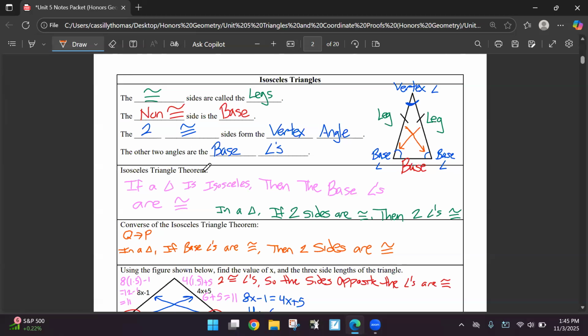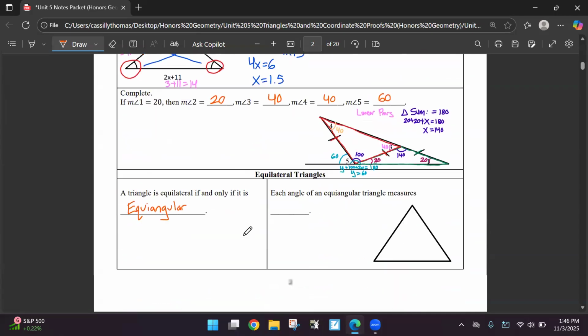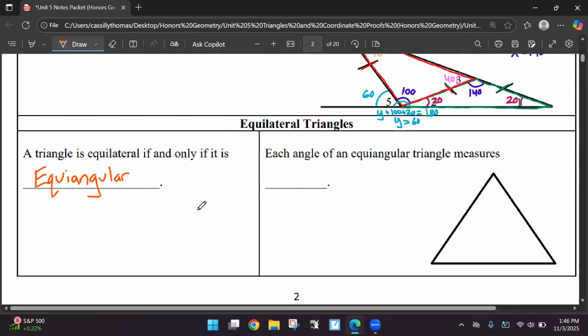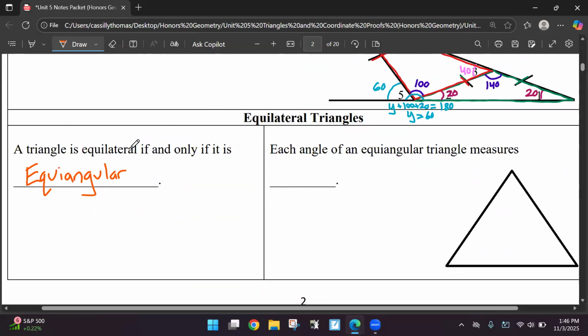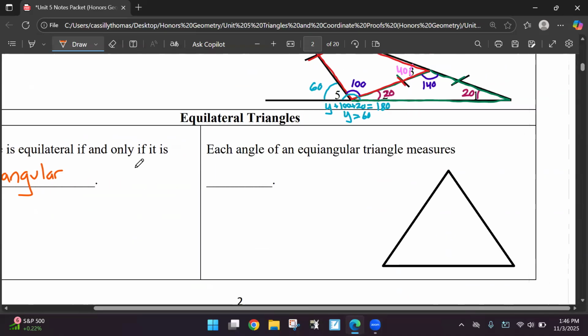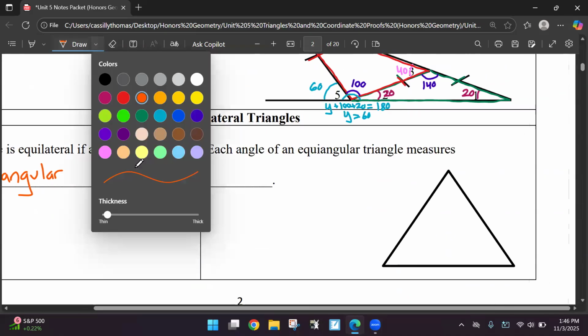The isosceles triangle theorem said if a triangle is isosceles, base angles are congruent. In other words, if two sides are congruent, then two angles have to be congruent. The equilateral triangle theorem says if all three sides in a triangle are the same, then all three angles in a triangle have to be the same. So that's really all that one says.